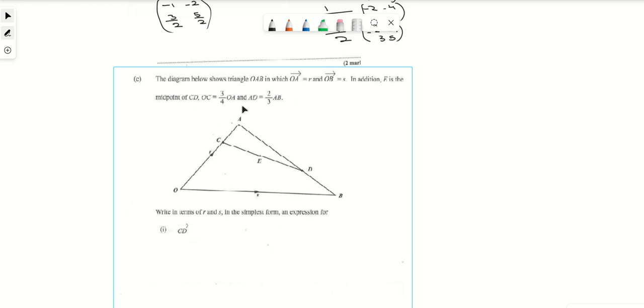The diagram below shows triangle OAB, in which OA is vector R and OB is S. In addition, E is the midpoint of CD.